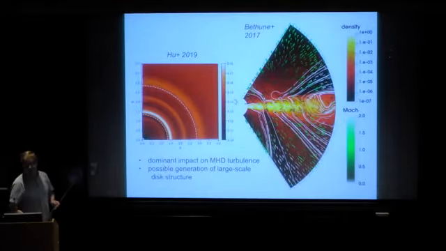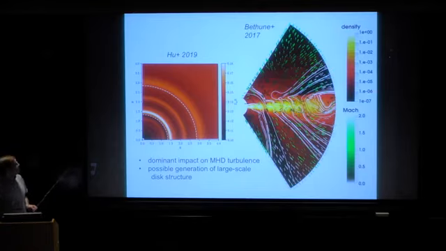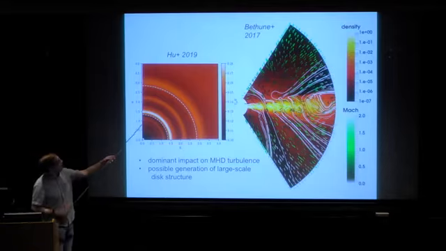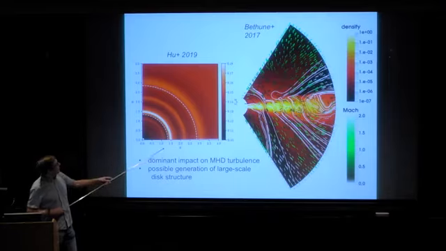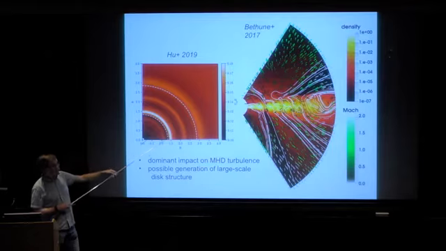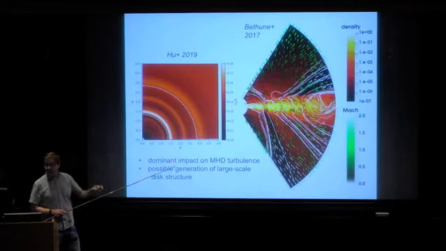So here are just some pictures from fairly recent calculations of protoplanetary disks with non-ideal MHD. This is Hu et al., Bethune et al. This is looking down on a disk, and this is a model that includes quite a lot of chemistry, so it attempts to calculate the actual physical magnitude of these non-ideal terms quite accurately.